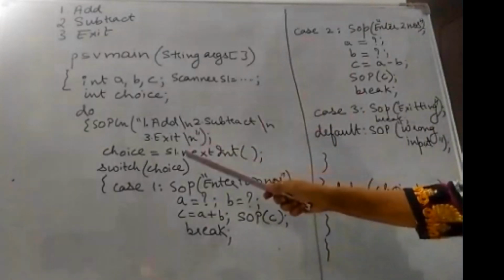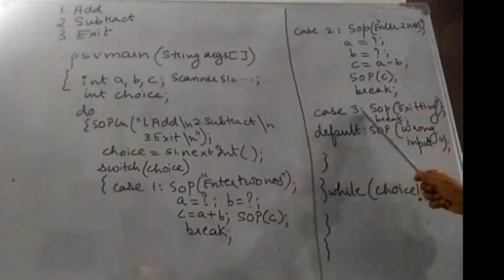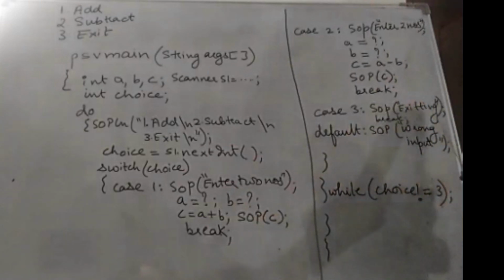Now supposing the user puts in 3, so yes, choice is 3, it comes to case 3, it will display whatever is written here, exiting, and then break. So it will come out of the switch case, and now it comes here, condition check. Is choice not equal to 3? No, choice is equal to 3.